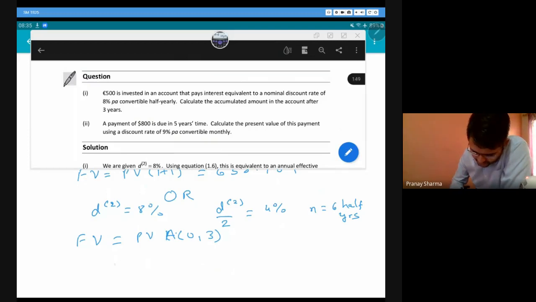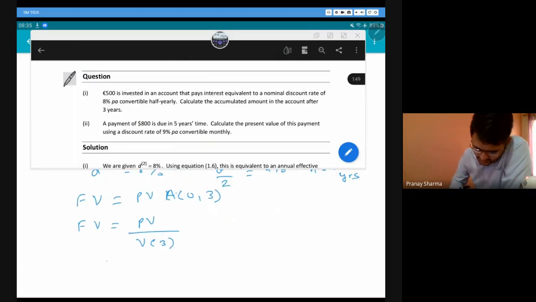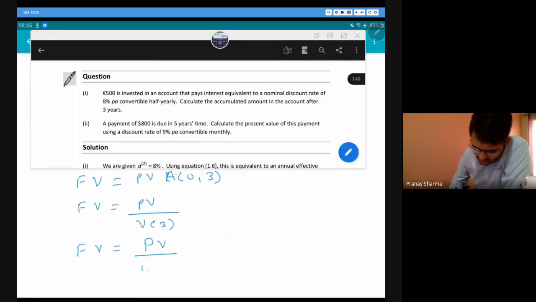We'll say future value is equal to present value into accumulation factor 0 to 3 years. So therefore our future value will be equal to present value divided by our discounting factor. We know discounting factor is nothing but equal to 1 minus d raised to 3, and we can replace our 1 minus d with 1 minus dp by p, the whole raised to p.